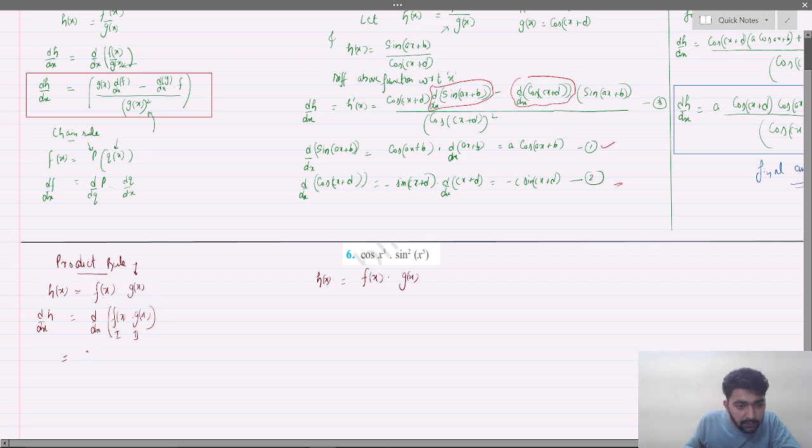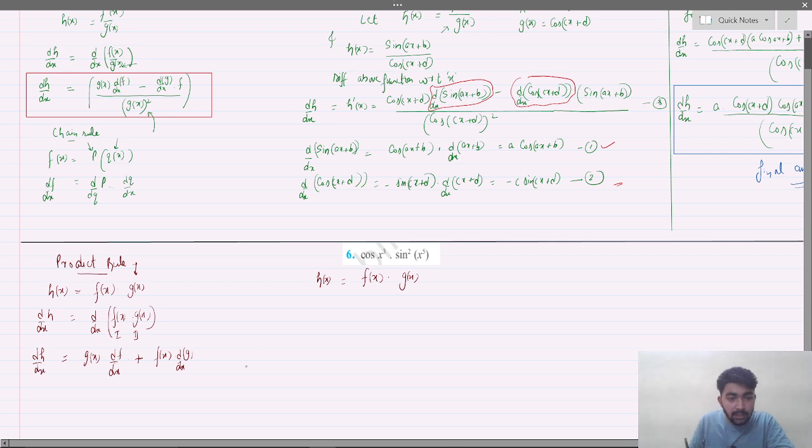So what do we have? The g of x will be as it is, times d by dx of f, plus, the operation is plus, f of x as it is, times d by dx of the g function. This is your product rule.